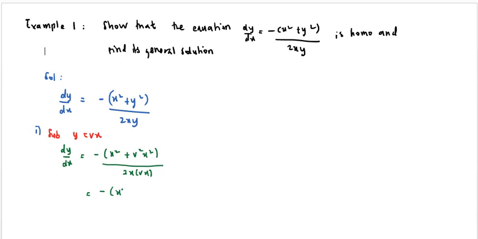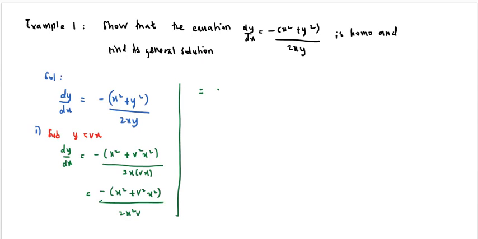So kita akan dapat x square plus v square x square over 2x square v. So macam Madam bagi tahu, once kamu dah replace y equal to vx, bermakna nanti function kita kat sini akan tinggal in term of v sahaja, bermakna we need to eliminate x. So macam mana nak eliminate this x? So you need to factor out x square, sebab kat bawah ni pun ada x square, atas ni pun kita ada x square juga.